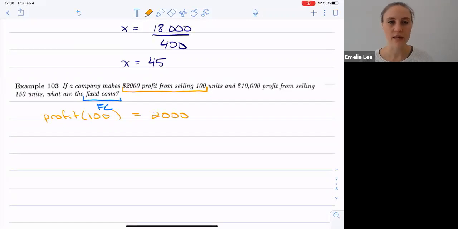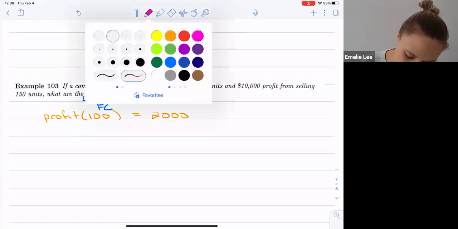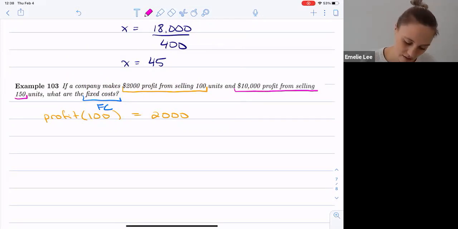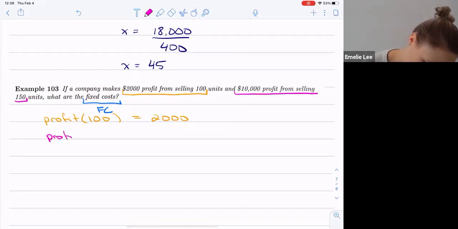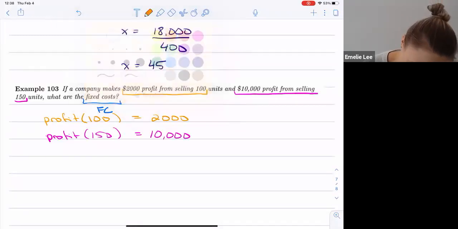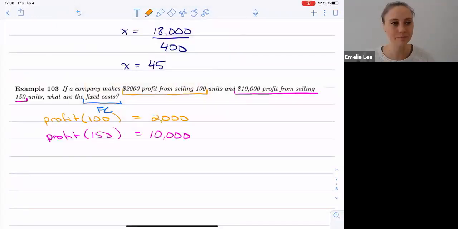Okay, so that's how we would summarize that information mathematically. And then I'm also told that the profit from selling 150 units, the profit at 150 units, is now $10,000. And I'll put a comma in there just to emphasize.